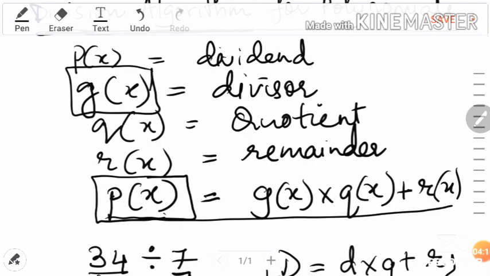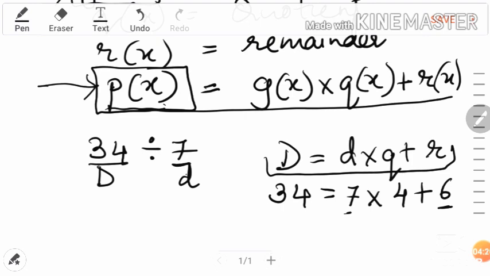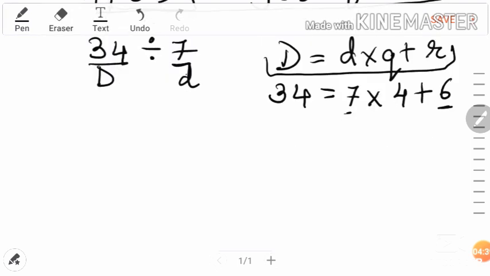So the first term of these two expressions will have the highest power of the variable, and thereon you will write the terms in decreasing order of the power. So let's understand this by taking an example.